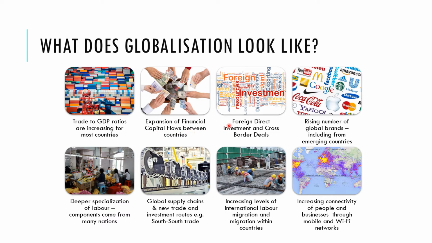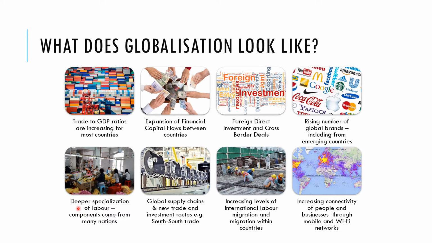An example of this would be increasing levels of FDI, both inward and outward, and also cross-border deals, so buying or merging with foreign companies. In a globalized world, we see a number of global brands emerging, like Coca-Cola, Google, McDonald's, but also countries like Korea with Samsung, and even more so recently China with Lenovo.